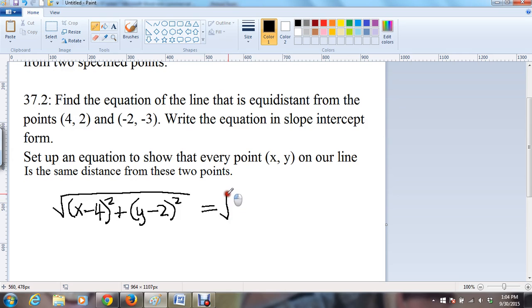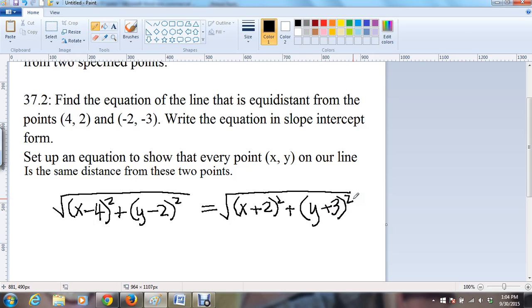So the distance from my point on my line to negative 2, negative 3, using the distance formula, is just the square root of x minus negative 2, which ends up being x plus 2, quantity squared, plus the difference in the y's, so y minus negative 3, so that's plus 3, quantity squared.